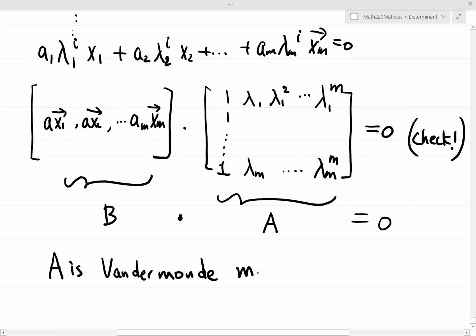One dimensional matrix. Now it's invertible if no two pairs are the same. So the lambdas, lambda 1, lambda 2, ..., lambda m, are pairwise distinct. Then we know the determinant is actually non-zero.